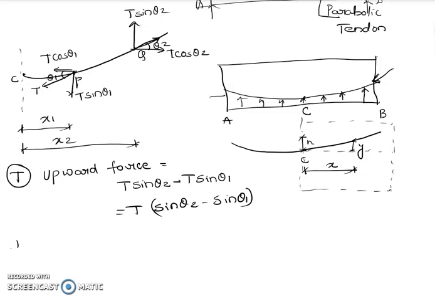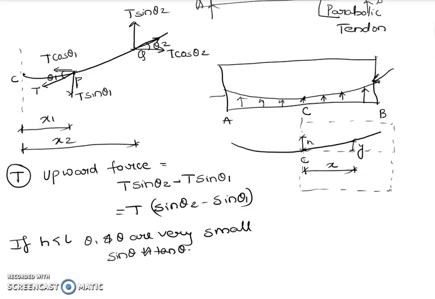Now if H is less than L, which is actually the case every time, H, that is the maximum sagging here, will be less than the total length of the beam, obviously. What happens is theta 1 and theta 2 are very small. So sin theta will be approximately equal to tan theta.